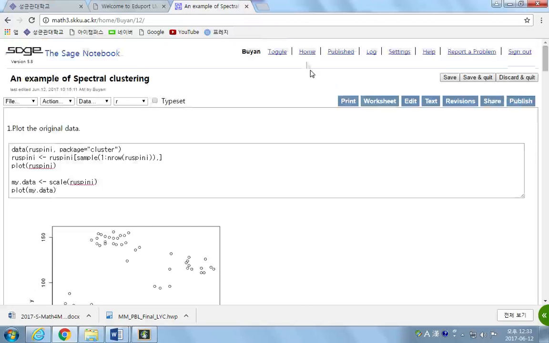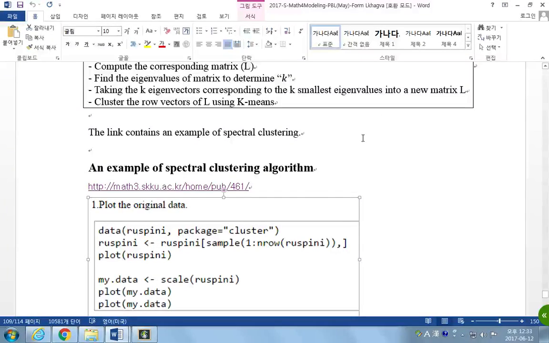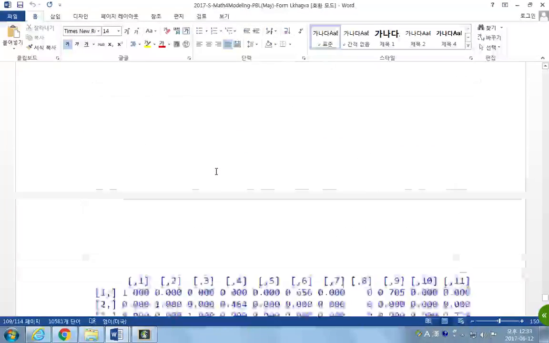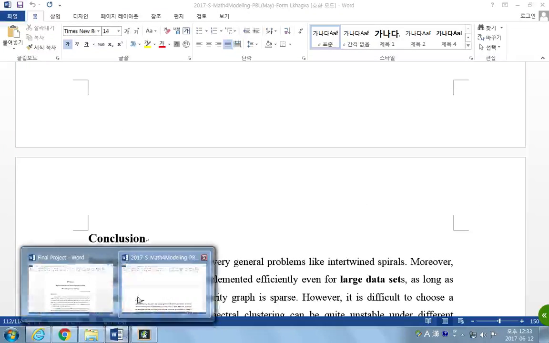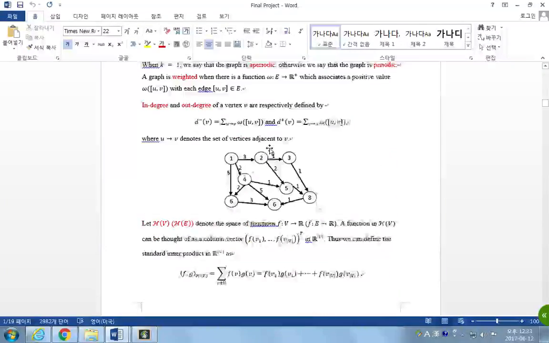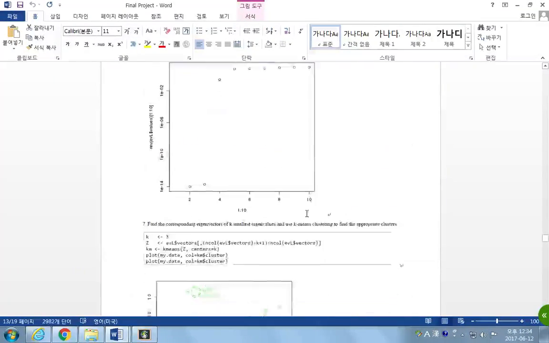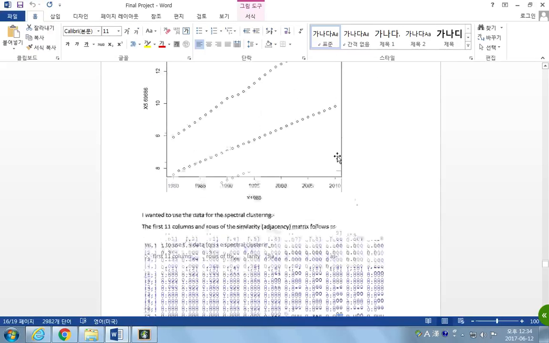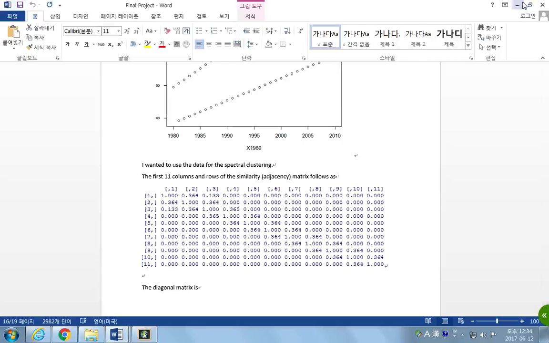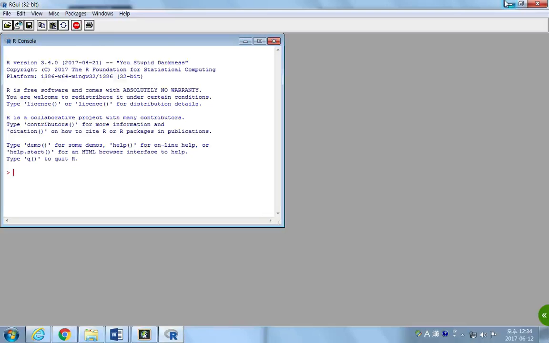Next example is this data. I prepared this.